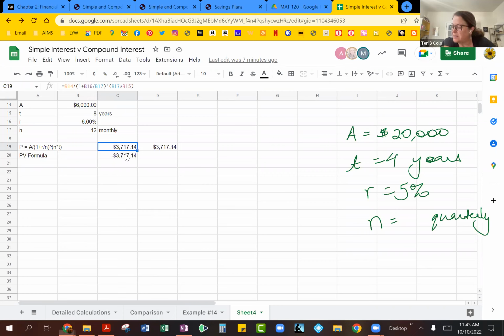It says equals PV and then parentheses. Does that mean A, our future value, is our principal value? You are finding the present value, the principal, based on how much you need in the future.